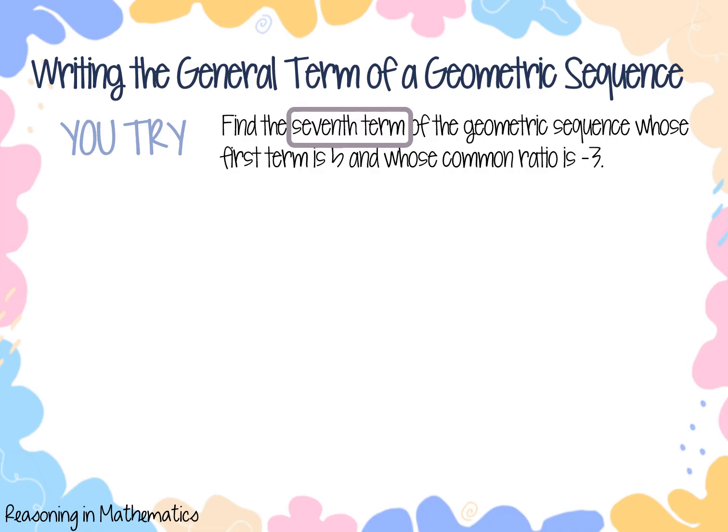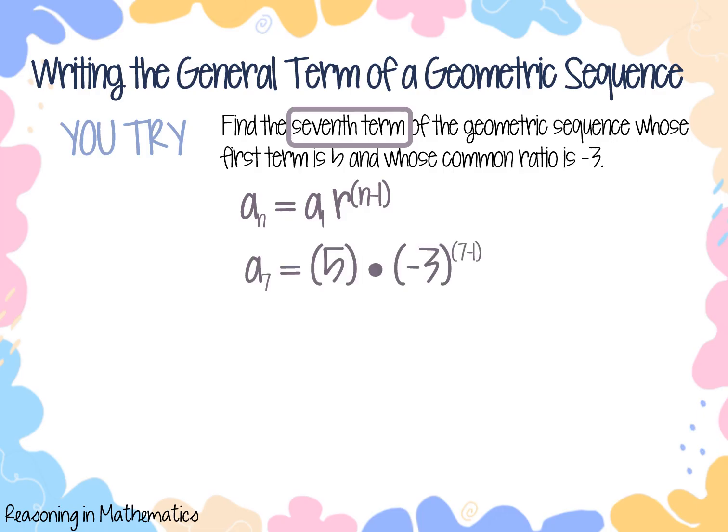Let's try it. Find the 7th term this time of the geometric sequence whose first term is 5 and whose common ratio is -3. So there's our general formula. We want the 7th term, so a sub 7. Our first term is 5, and our common ratio is -3.